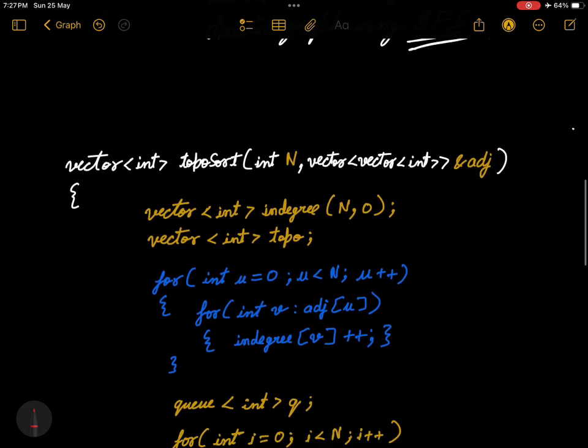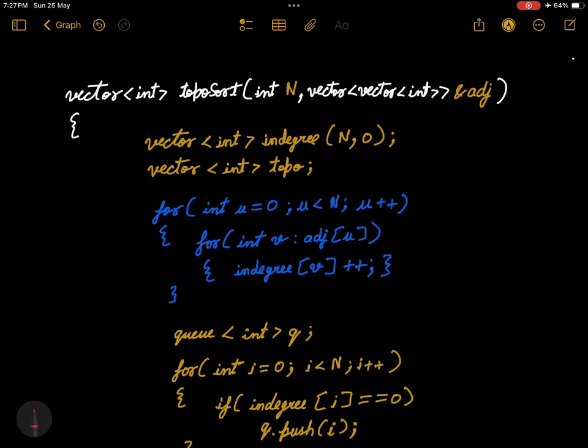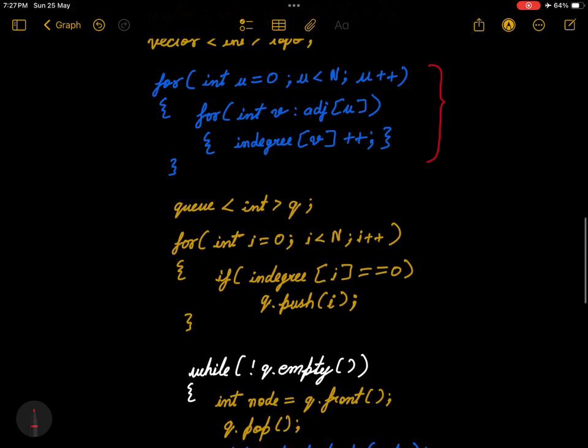Then we saw the code for this. We will have our in degree vector, and at first we will count the in degrees in our graph. Then we will push all those nodes which have in degree 0, which means they are already independent, into our queue.